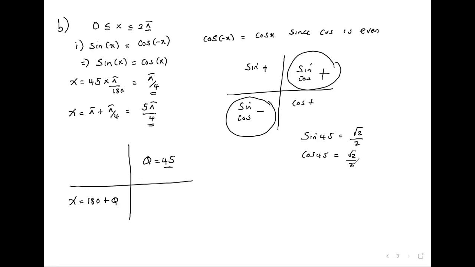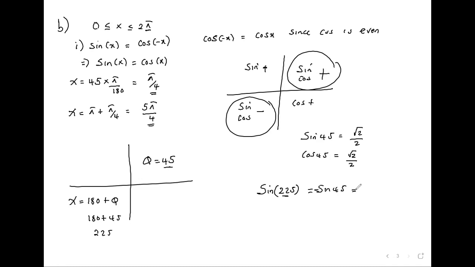Any other angle where this can happen? Let's try. What is sine 225? 180 plus 45 is 225. So sine 225: if you're given 225, you get a difference angle which will be 45.